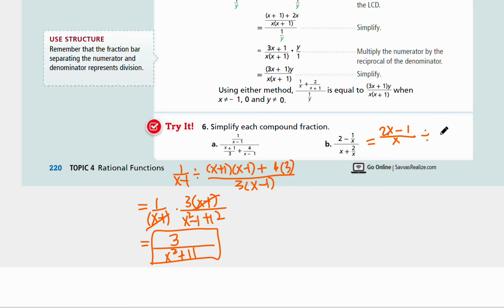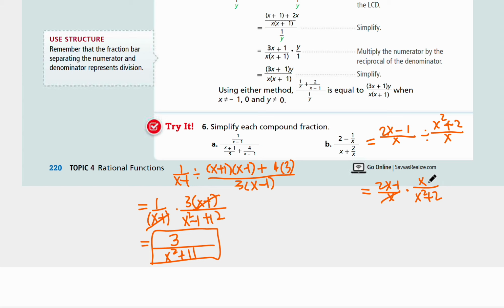Then you're dividing that by the LCM for the denominator here, which is x, because this is x over 1, right? So you multiply x by x, you get x squared plus 2 all over x. And then you're going to simplify 2x minus 1 over x times x over x squared plus 2.